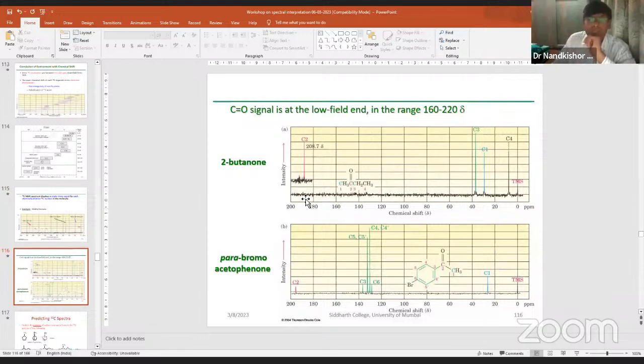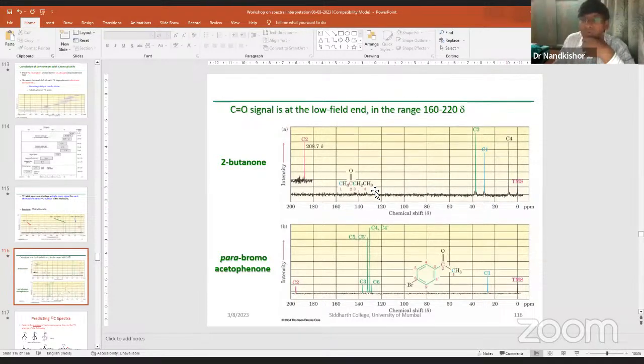Now look here, this is 2-butanone. 2-butanone will have the carbonyl carbon peak at 208, whereas the methyl and the methylene carbons are towards 0. That means they are shielded.